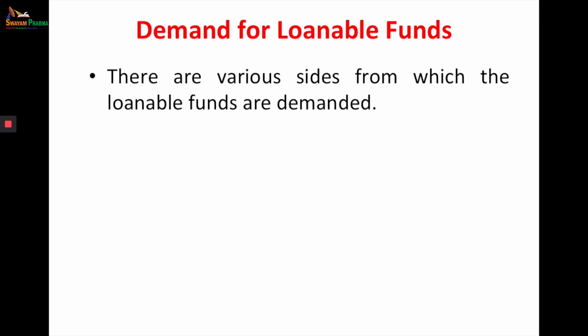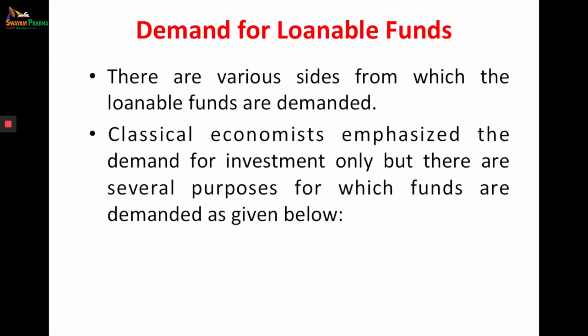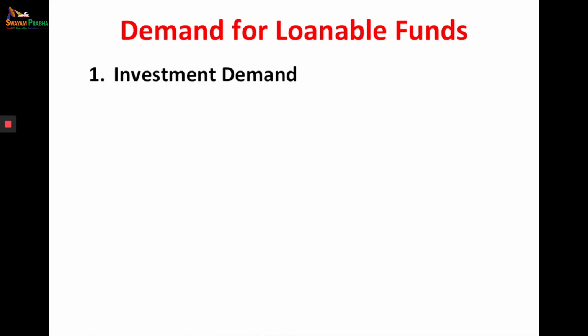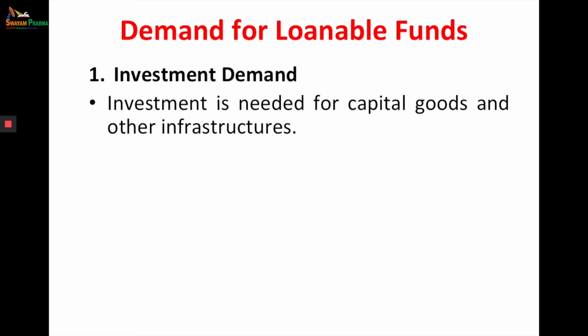There are various sides from which loanable funds are demanded. Classical economists emphasized the demand for investment only, but there are several purposes for which funds are demanded, as given below according to the new classical theory. First, investment demand. The investment demand is needed for capital goods and other infrastructure.